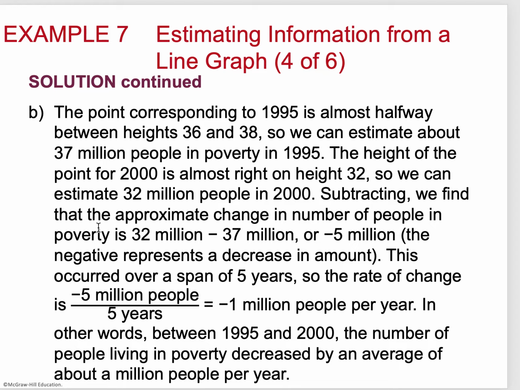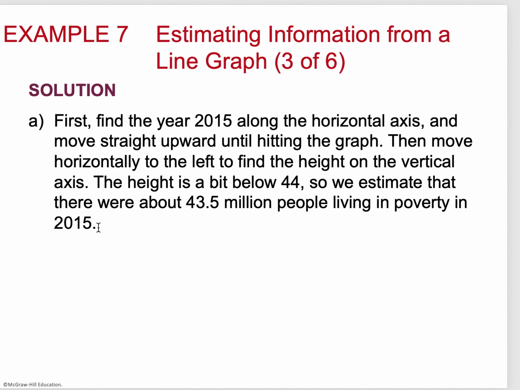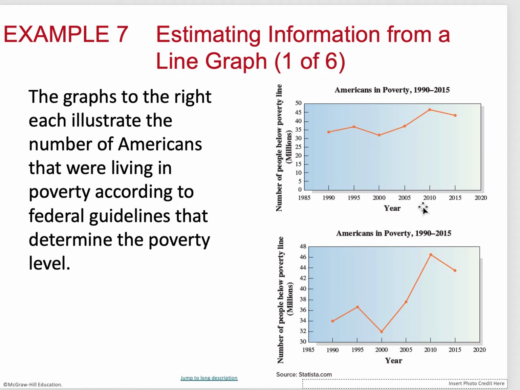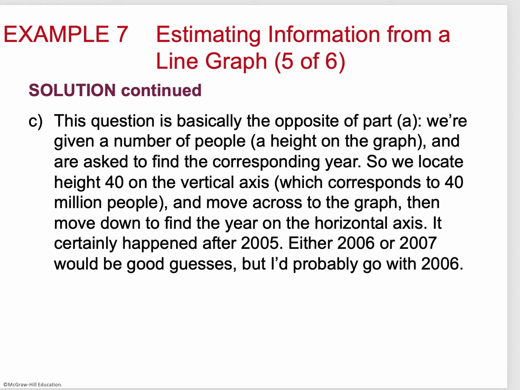Now for part B, I want to look at 1995, and that's almost half between 36 and 38. So 1995, it's between 35 and 40, right? When you look at this, let me see if I can enlarge this a little bit. So I have to estimate it. And guess what? Any estimate is good between 35 and 40. You don't have to have the most right estimate.